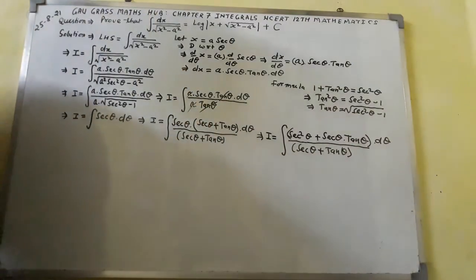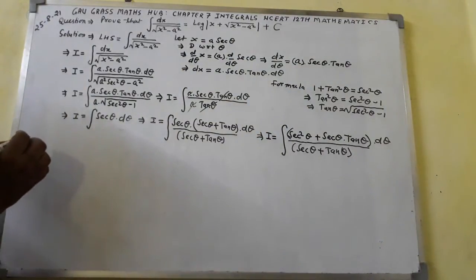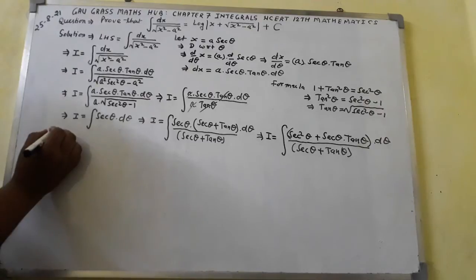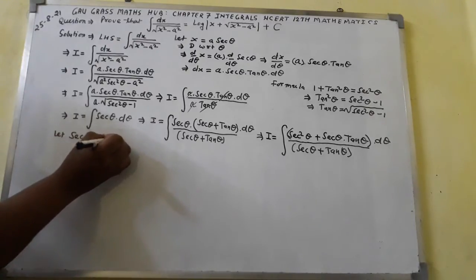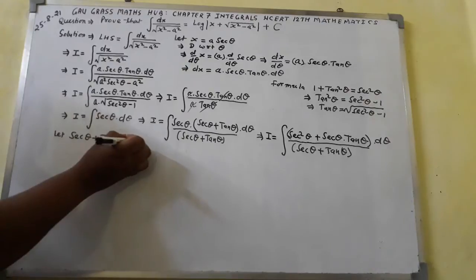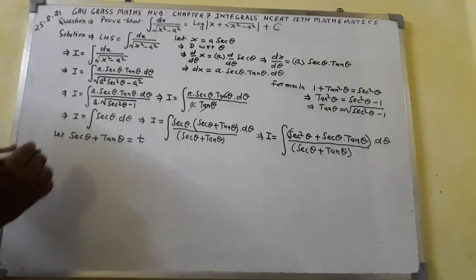What will we do next? Again I shall let sec theta plus tan theta is equal to t, where t is variable, theta is also variable. What to do here?